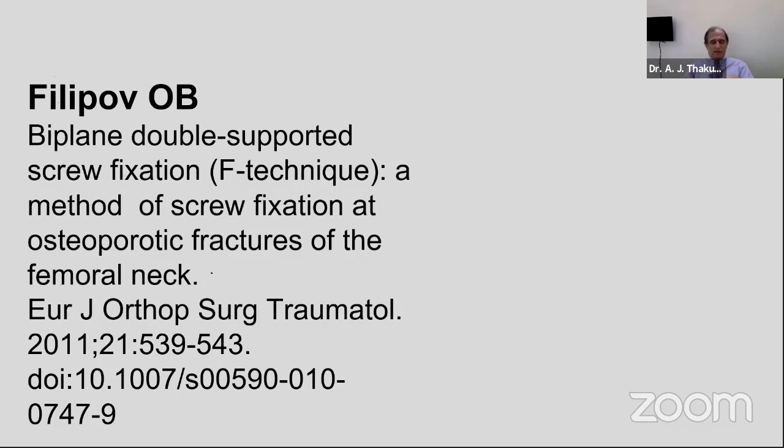In fact, the American Academy one has some modifications, and one should read that as well. Once you read, it's not so difficult to pass those screws the way he has described. The only thing is, one has to follow the technique and the sequence that he has given in the guideline. Once we do that, I think we'll treat our transcervical fractures in a superior way than what we have been doing with the three cancellous screws obliquely.